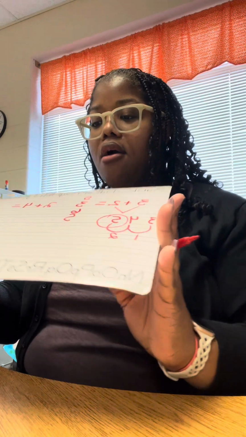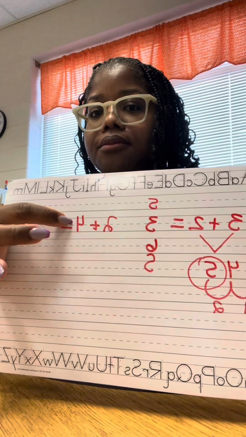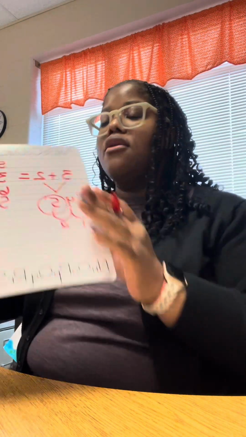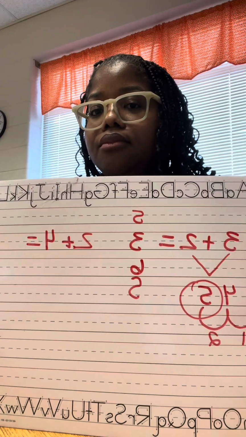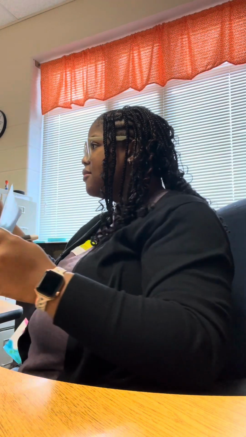Okay, all right, it's this one right here. Let me fix this 2 for you. 4 and 2. There we go, yep. Okay, got it? Malachi, you see it? Okay, remember our signal.